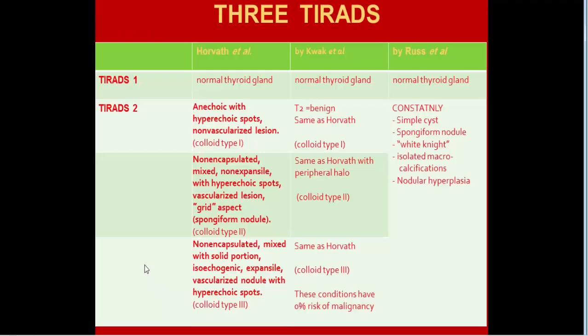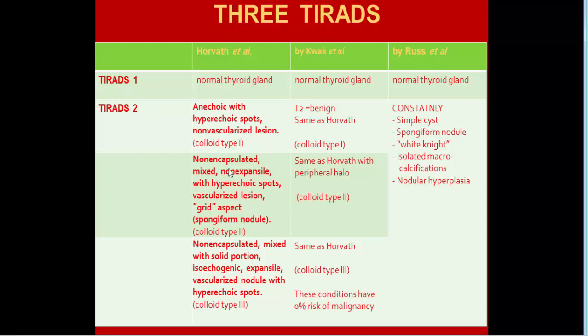Comparison of the 3 TI-RADS classifications with each other. TI-RADS 1 by Horvath, Kwak, and Russ is the same, all normal thyroid gland. TI-RADS 2 by all 3 classifications is benign. TI-RADS 2 by Horvath and Kwak includes colloid type 1, colloid type 2, and colloid type 3. Colloid type 1: anechoic with hyperechoic spots, non-vascularized lesion.